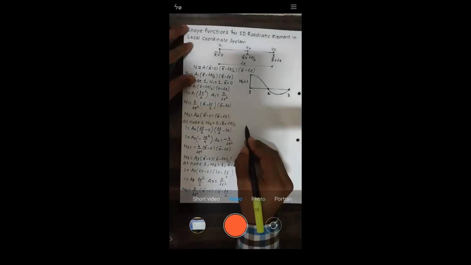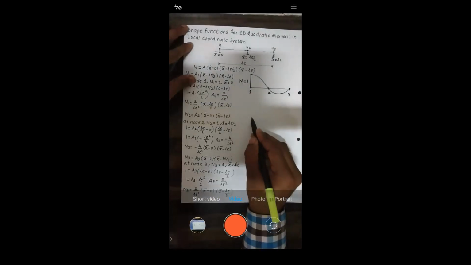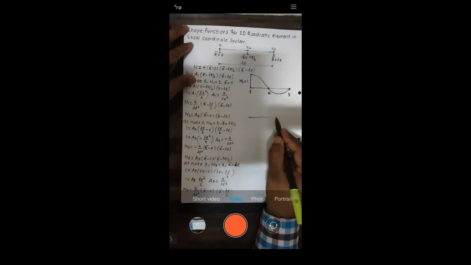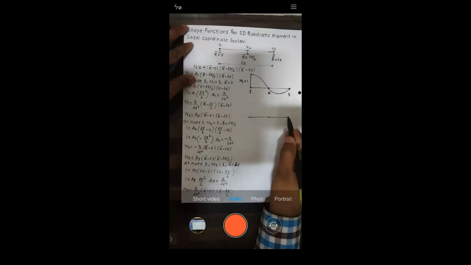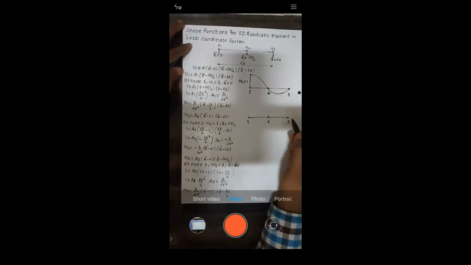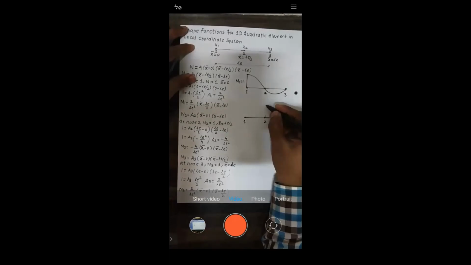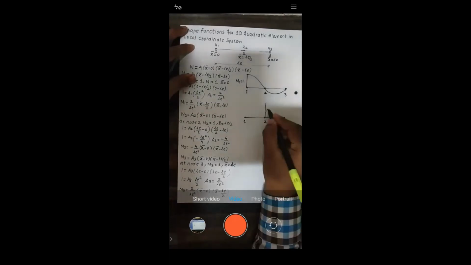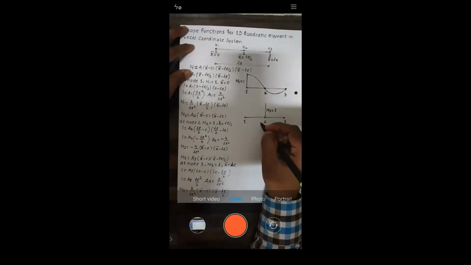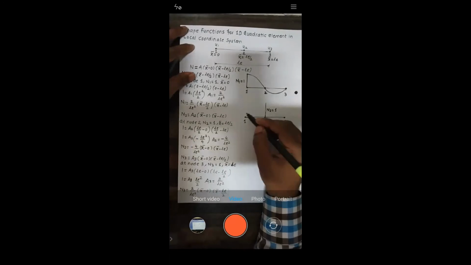Okay. Can we draw some sort of graph like this for N2? This is node number 1, this is node number 2, and this is node number 3. So tell me how I should draw for N2. N2 is equal to 1 at which node? Node number 2. Semicircle.